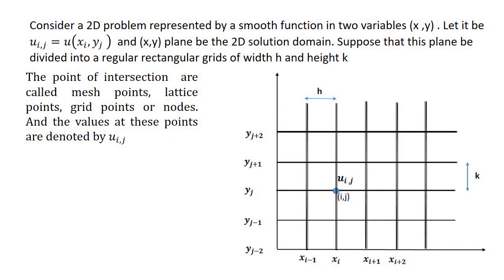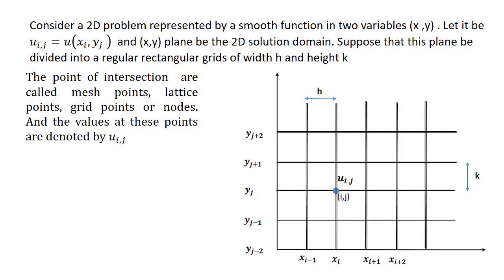In the finite difference method, we replace these u_ij's that occur in the partial differential equation by their finite difference equivalents. Then we write the difference equation corresponding to each grid point using function values at the surrounding grid points.